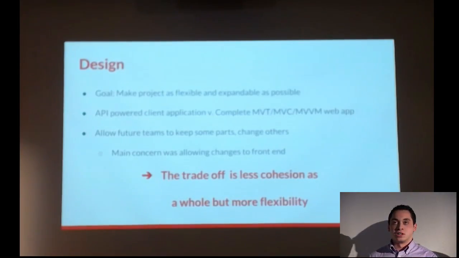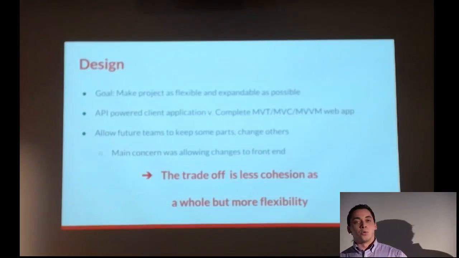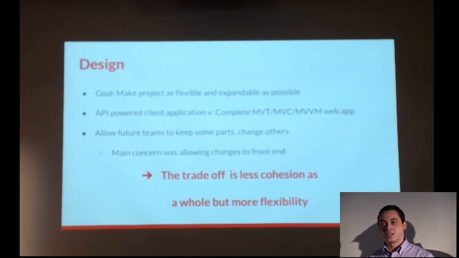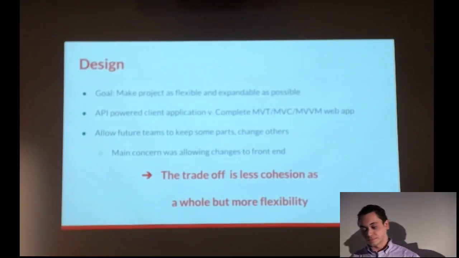If a team wanted to implement a back end with completely different technology, they had the ability to do that by creating a web service in something like Node or Spring or .NET, and then just exposing more endpoints for the front end to call. Or if they wanted to change out the front end, they could do that and still use the API we created.